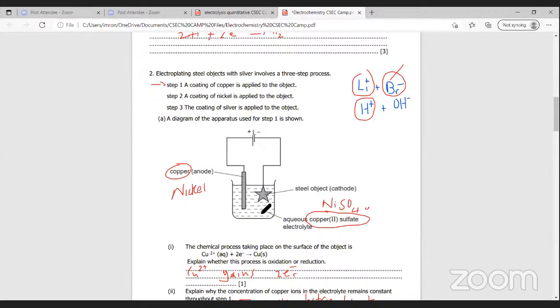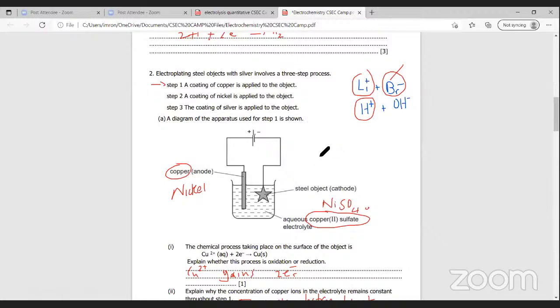It's decreasing in size as this reaction goes on, and the steel object is increasing in size. The nature of them is changing. The solution is not changing. It's actually the electrodes that are reacting. So this is an example of a situation where we have active electrodes.